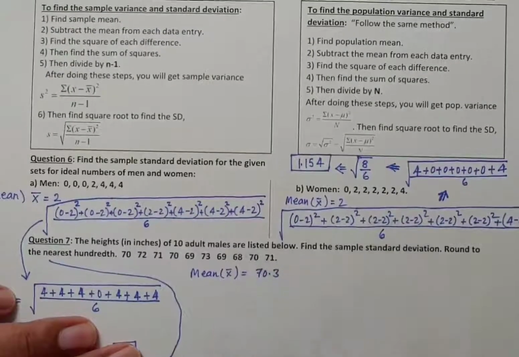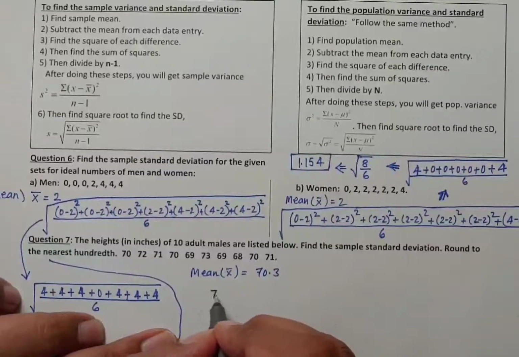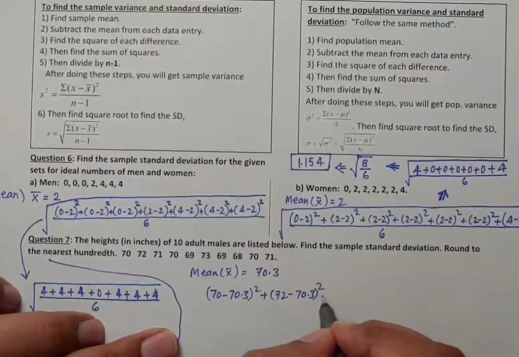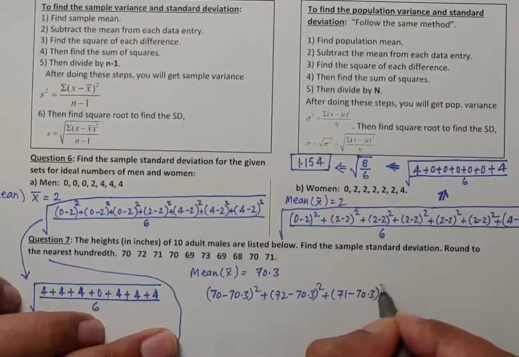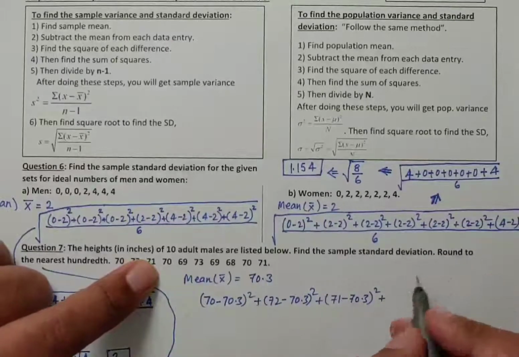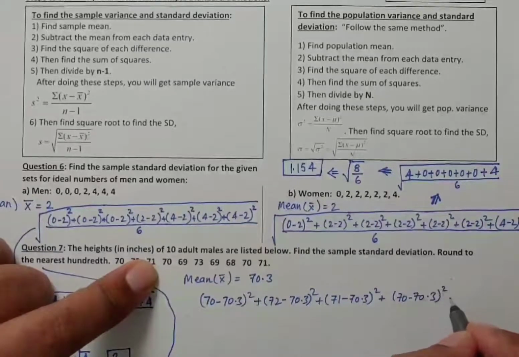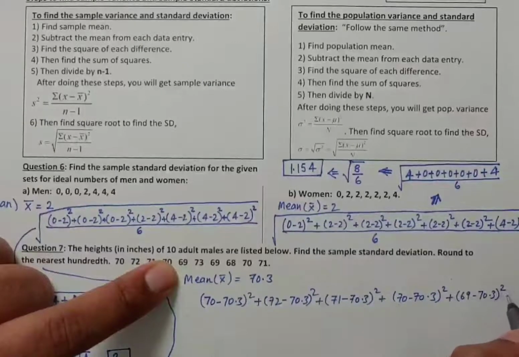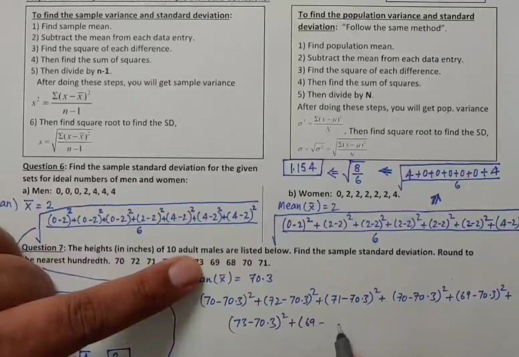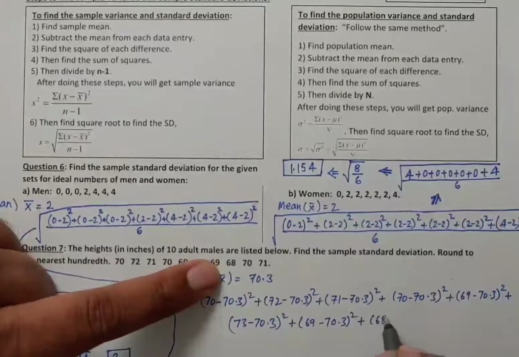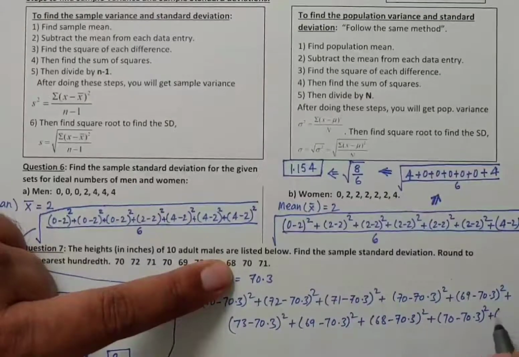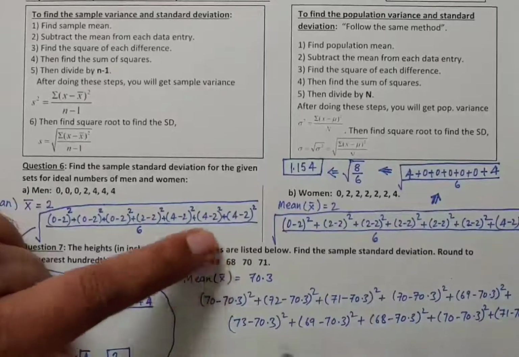So this was right. Now the next step is we do (70 minus 70.3) squared plus (72 minus 70.3) squared plus (71 minus 70.3) squared plus (70 minus 70.3) squared plus (69 minus 70.3) squared plus (73 minus 70.3) squared plus (69 minus 70.3) squared plus (68 minus 70.3) squared plus (70 minus 70.3) squared plus (71 minus 70.3) squared.